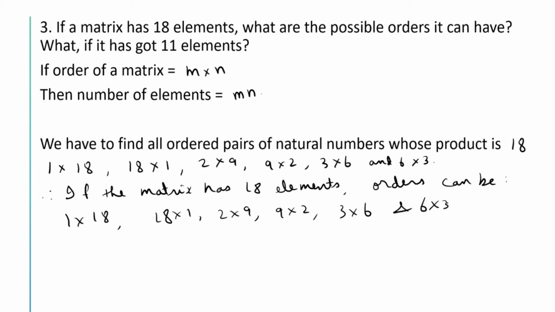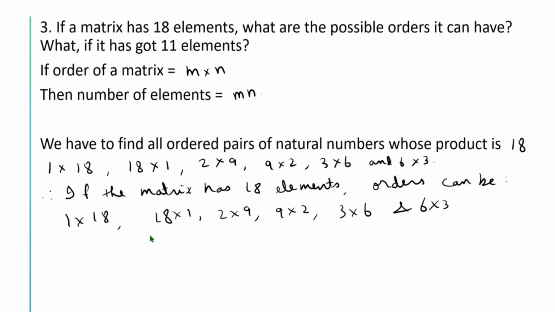That is, the matrix can have 1 row 18 columns or 18 rows 1 column or 2 rows 9 columns or 9 rows 2 columns or 3 rows 6 columns or 6 rows and 3 columns. In all these cases, the number of elements in the matrix will be equal to 18.